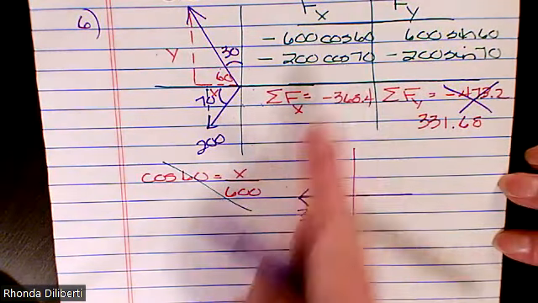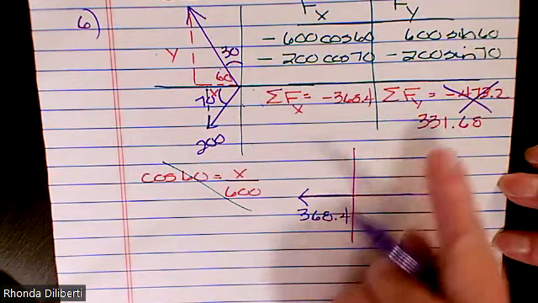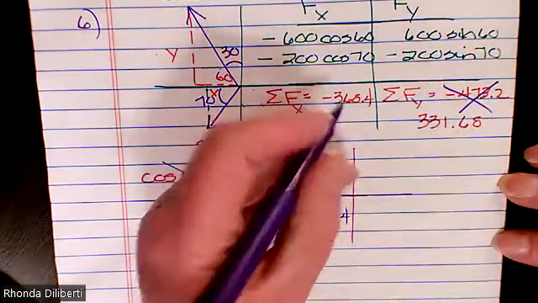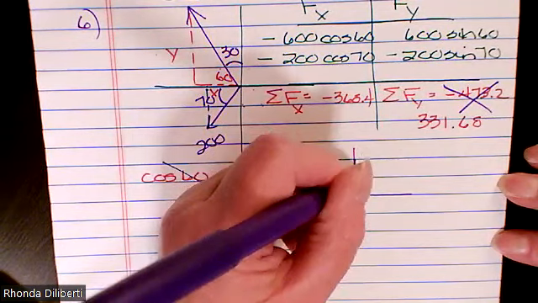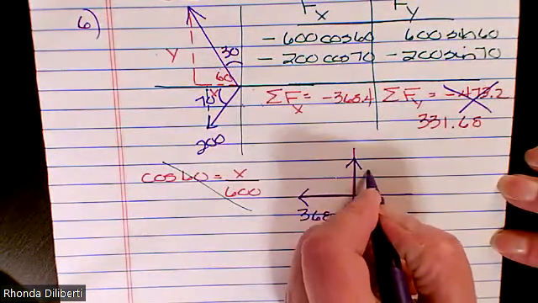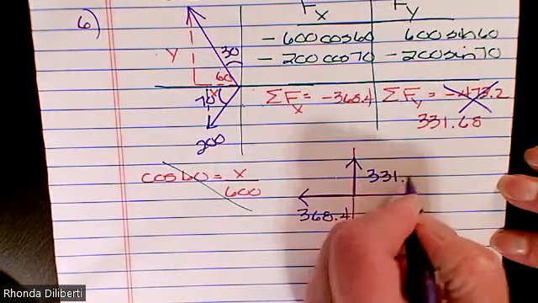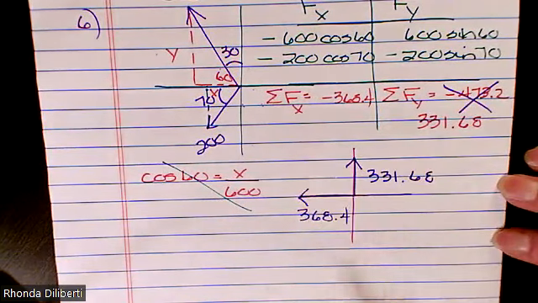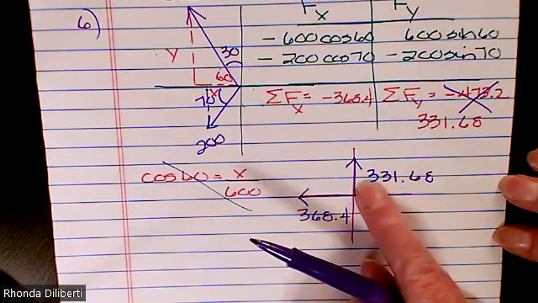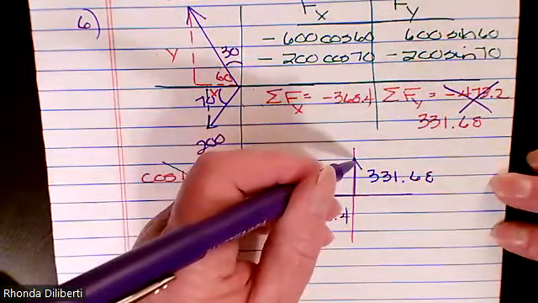Okay, so I drew this in the negative x direction, and now I have to draw this in the positive y direction. Now I am going to parallelogram method this, which means that I do want to draw this roughly to scale. So I made sure that my 331 arrow was a little bit shorter than this arrow.